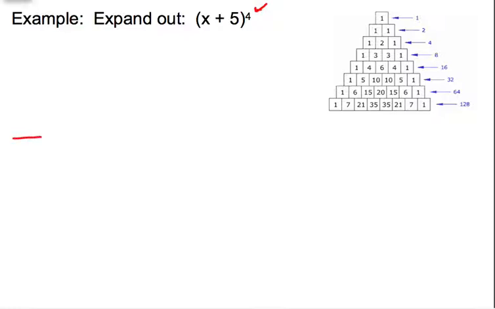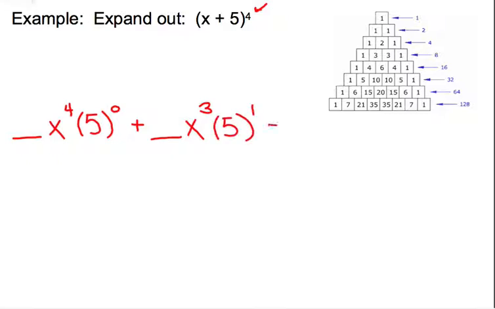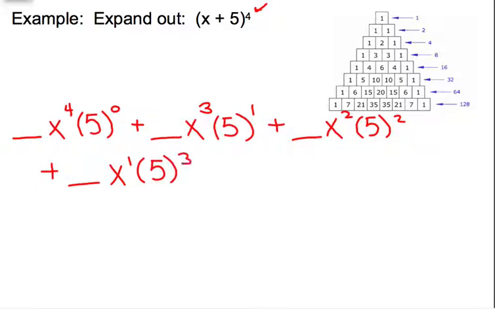So go ahead and put our placeholder in, and now we have x raised to the 4th degree, and then 5 raised to the 0, plus placeholder, drop a degree on the first term and increase a degree on the second, plus placeholder, drop a degree, increase a degree, plus placeholder, drop a degree, increase a degree, plus placeholder, drop a degree, increase a degree.